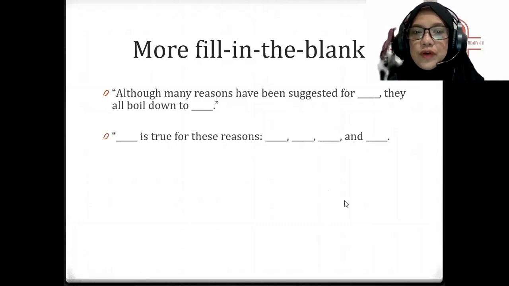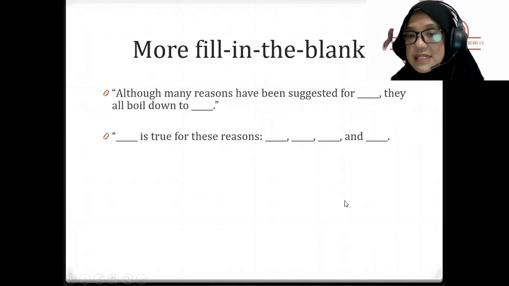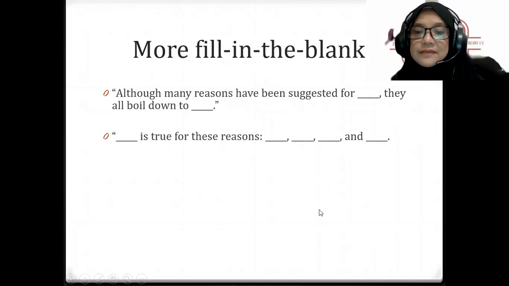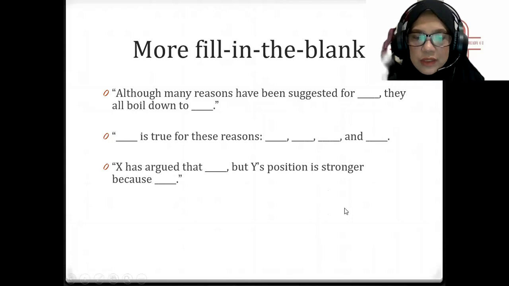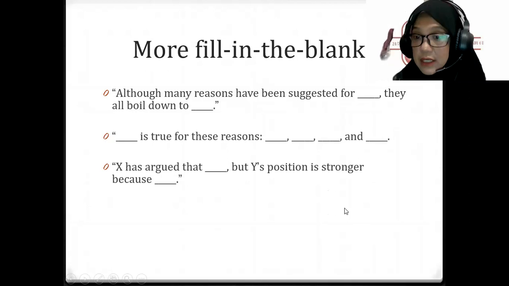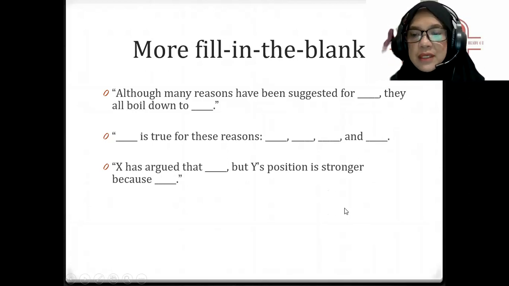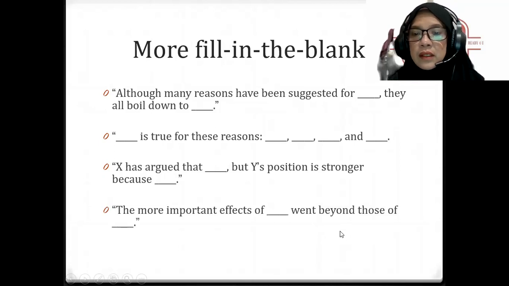A is true for these reasons: B, C, D, and E. X has argued that A, but Y's position is stronger because B, C, and D. All right? The more important effects of A went beyond those of B.